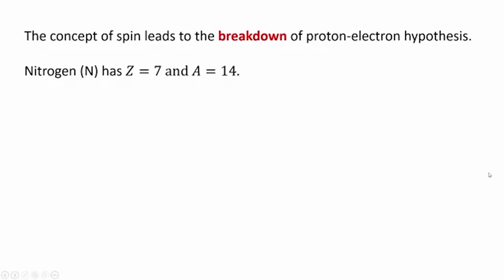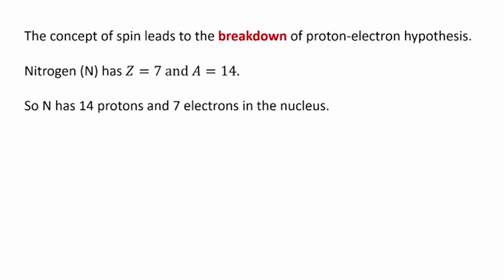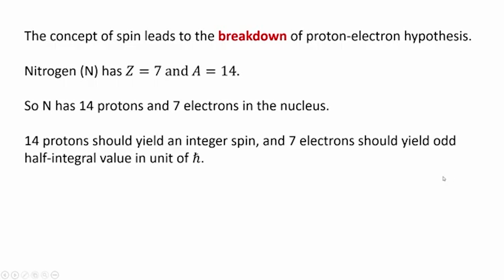So it has 7 protons, and in this hypothesis 7 electrons, and hence it should have a half integer spin. So it has 14 protons and 7 electrons in the nucleus. Then the nucleus spin should actually be an integer, not a half integer, because there are 14 protons. Now, we have given up that. So, we are still in that picture where the nucleus has protons and electrons.